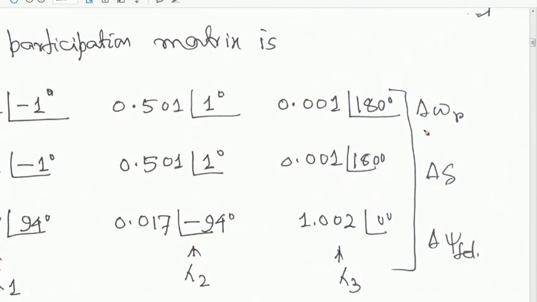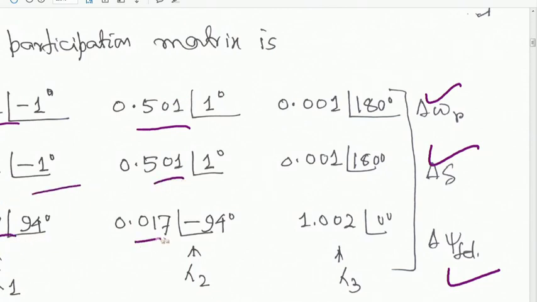If you look into this, the first one is for delta omega r, then delta delta, and then delta psi f d. Everywhere the magnitude is 0.501, and here also, but this one is 0.017, this is 1.002, and here it is 0.001. So what does it mean?